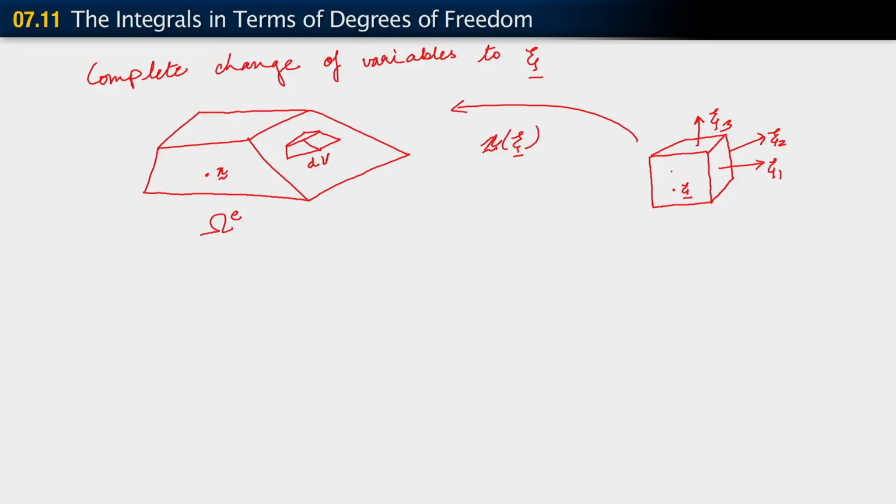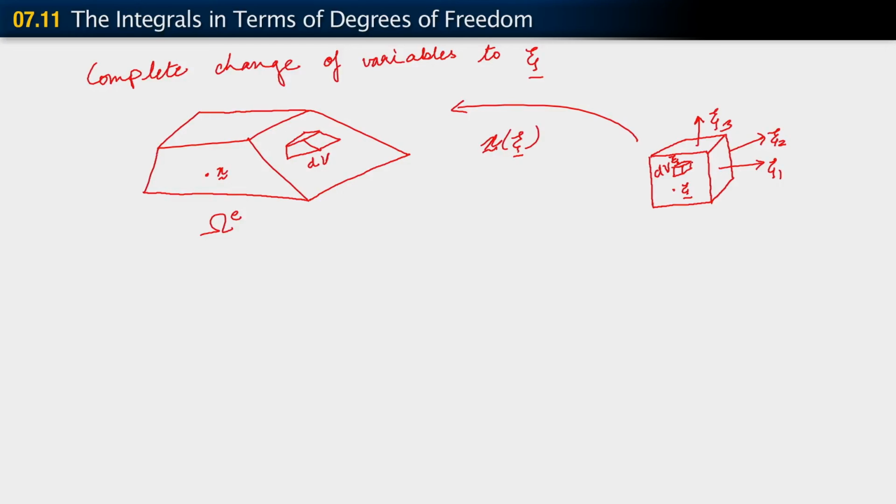And here we have an elemental volume that I'm going to represent as dV sub xi, just telling us that that's an elemental volume in the parent subdomain.